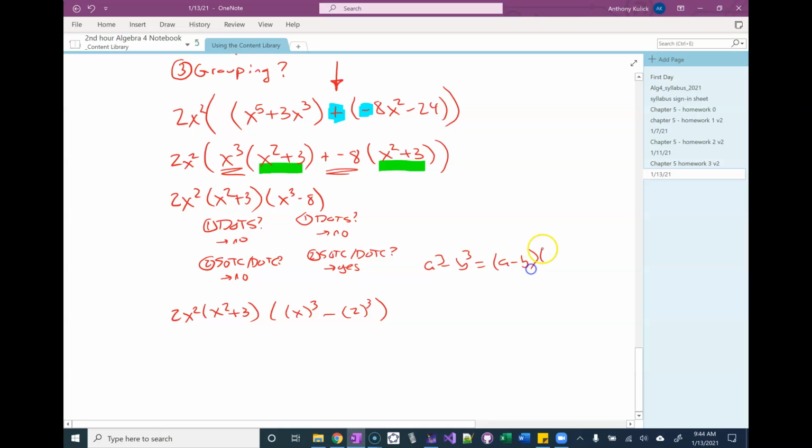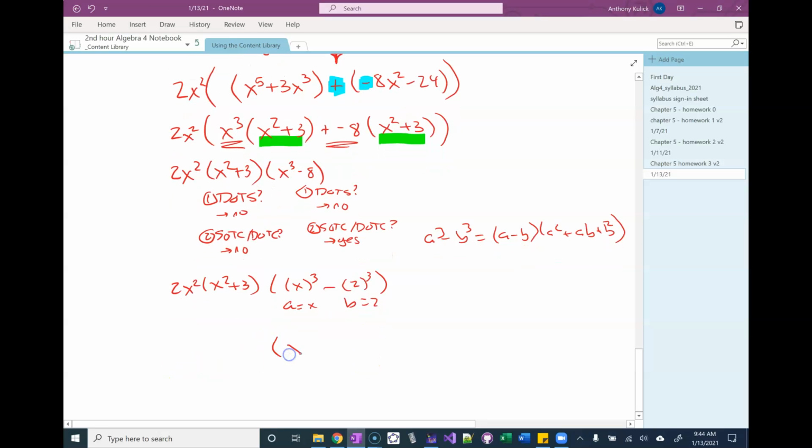So the factoring pattern here I'm going to write down on the side again for us so you can see what I'm using to do this. In this case, my a is x and my b is 2. So I'm going to have x minus 2, that's a minus b. And then I'm going to have x squared, that's a squared, plus 2x, that's a times b, plus 4, which is b squared.